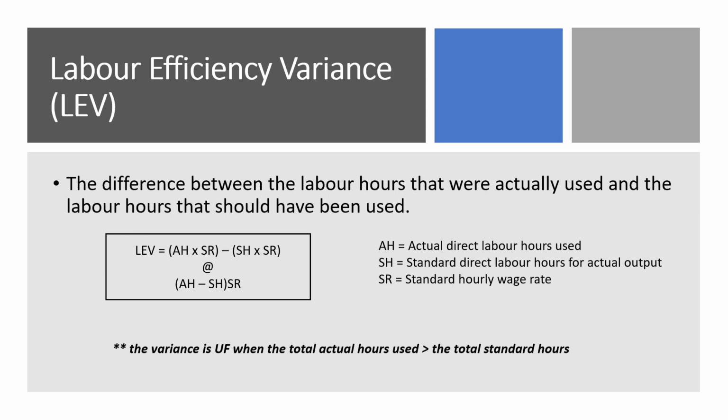We can simplify this to actual direct labor hours used minus the standard direct labor hours for actual output, times the standard hourly wage rate. The variance is unfavorable when the total actual hours used are more than the total standard hours.